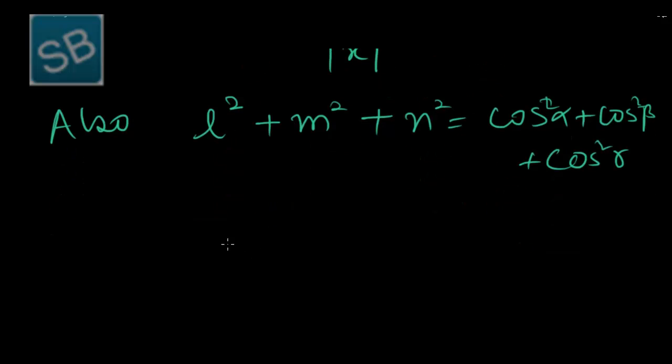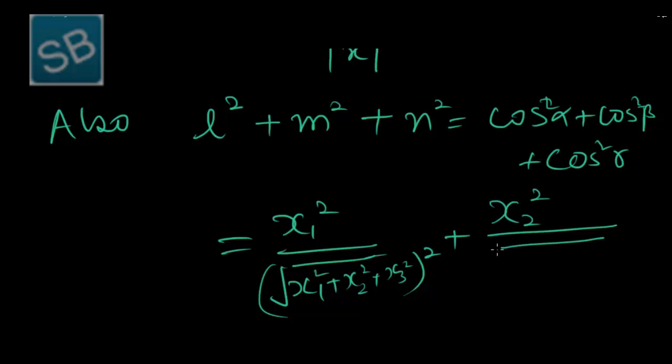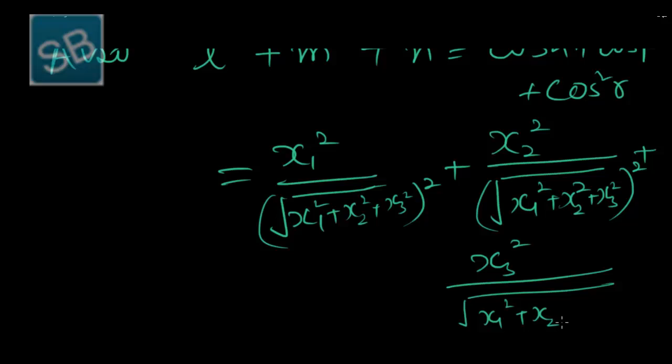That is x1 square over under root x1 square plus x2 square plus x3 square whole square, plus x2 square over under root x1 square plus x2 square plus x3 square whole square, plus x3 square over under root x1 square plus x2 square plus x3 square whole square.